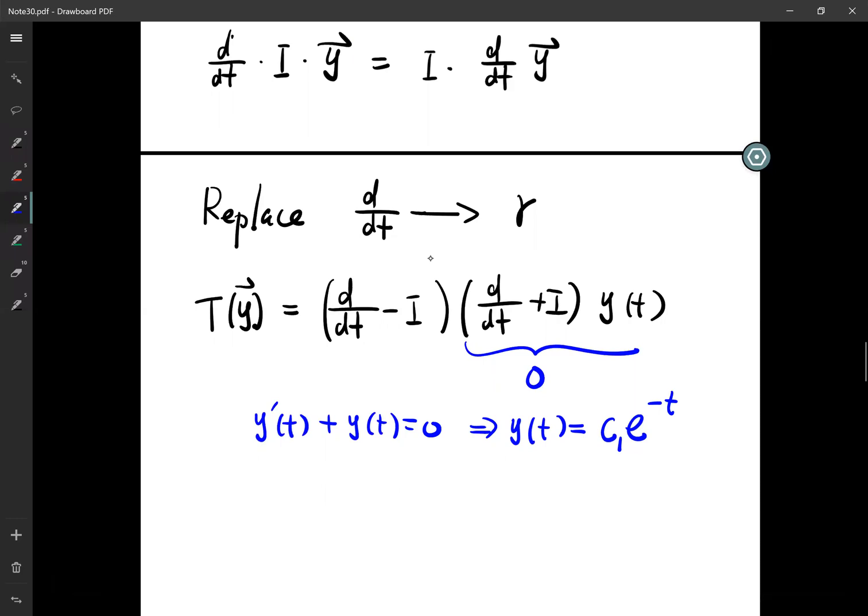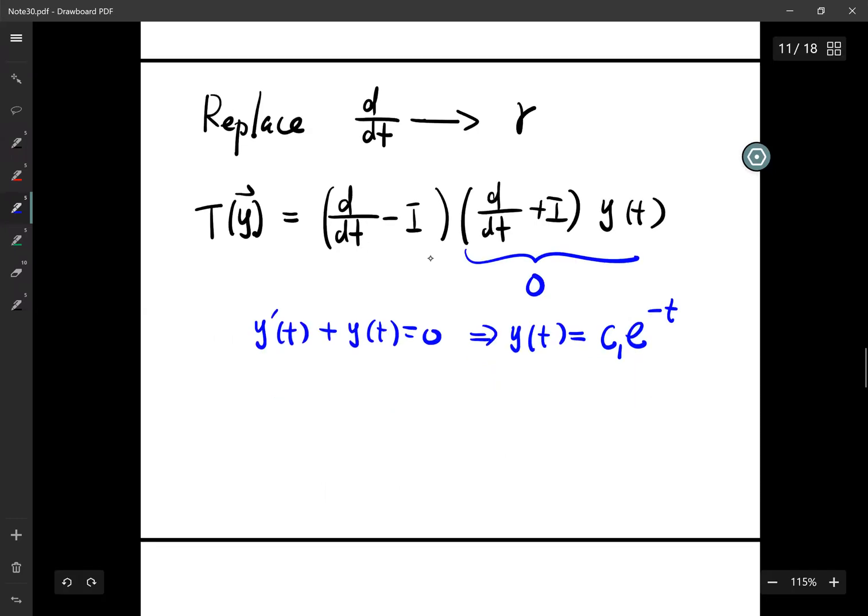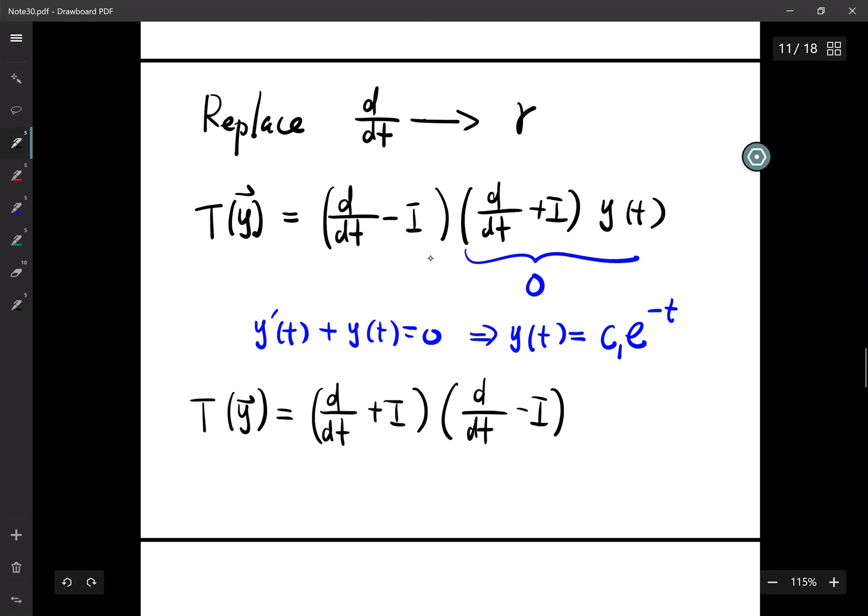We've only found one of those. What's the second one? If d/dt commutes with I, then these two, which are d/dt minus I and d/dt plus I, commute. If you're not sure about the commutation, you can just carry out the calculation by yourself.